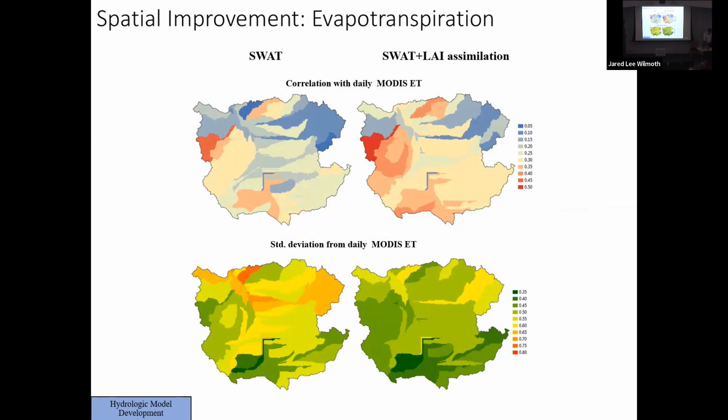For example, the bottom pictures show the standard deviation from MODIS, the remotely sensed evapotranspiration from the satellite data. You see the standard deviation is much smaller when we combine the SWAT model with leaf area index. It's closer to the observed data.